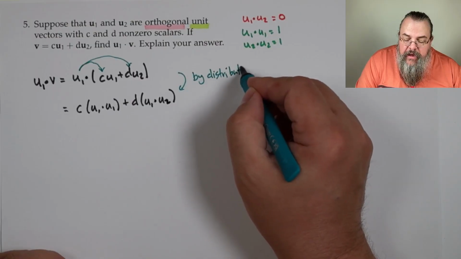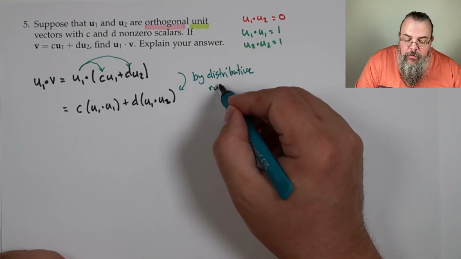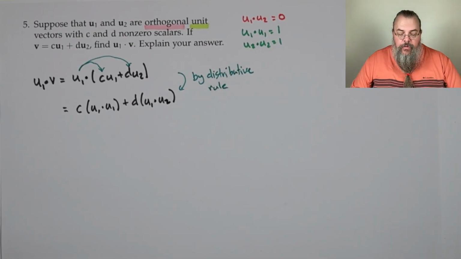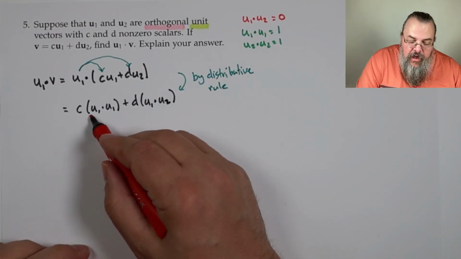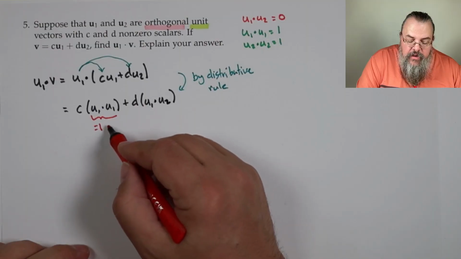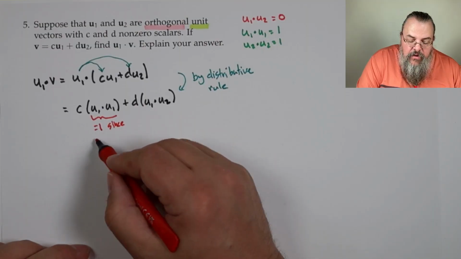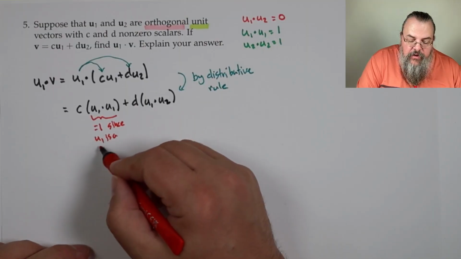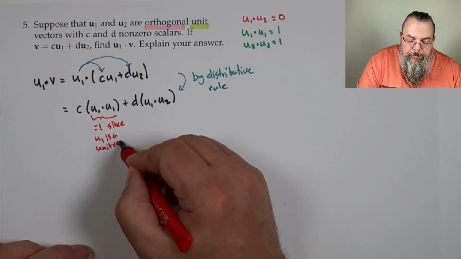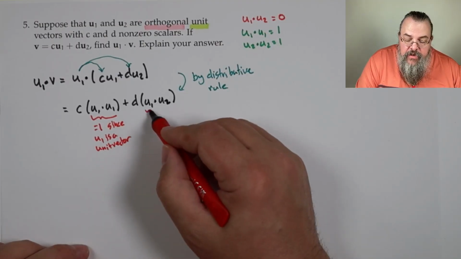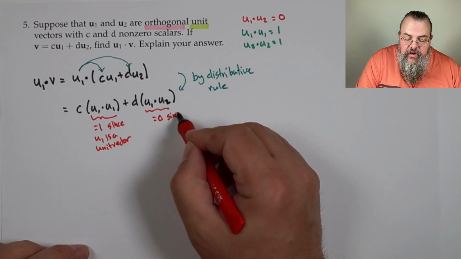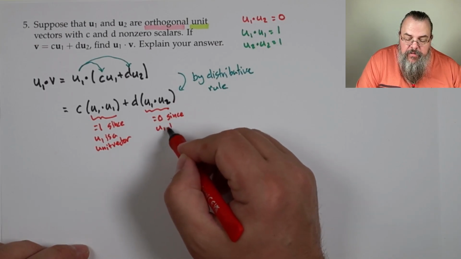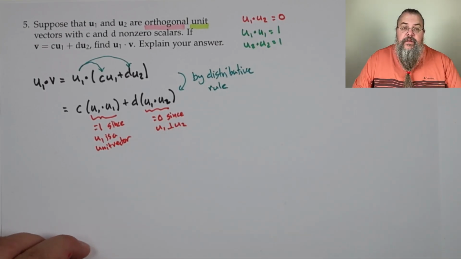Since they asked us to explain, we'll go ahead and make some notes here so they know what's going on. And then we say, we know some things. u1 dot u1, this is 1, since u1 is a unit vector. And u1 dot u2, we already marked it here. This is 0, since u1 is perpendicular to u2.